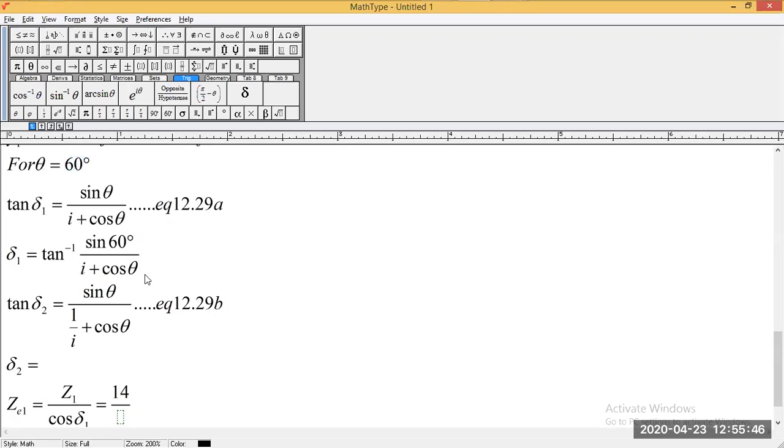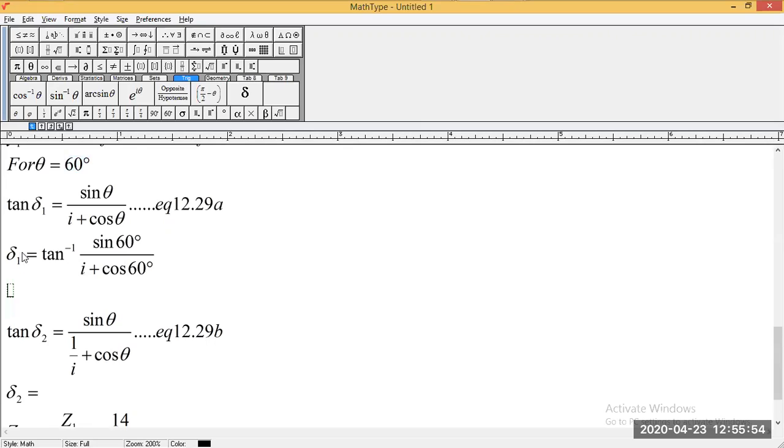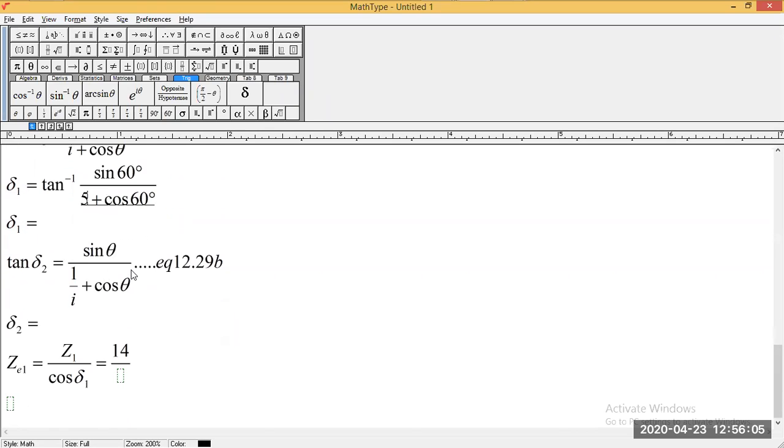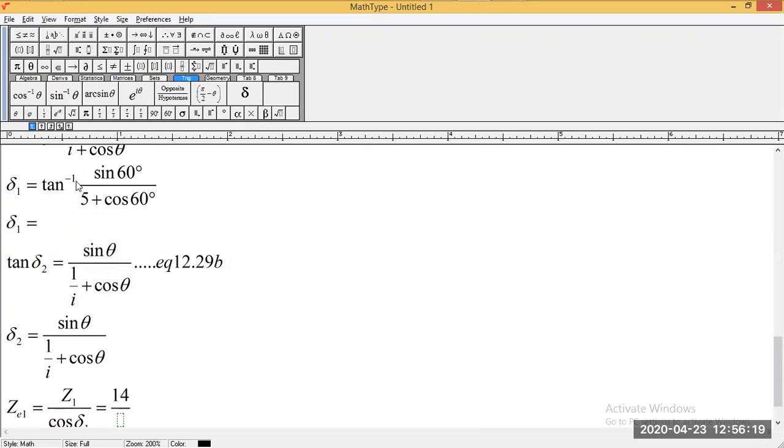Okay, there is no theta. So this will give us our delta 1, and I again replaced by 5. Same thing we'll do for this here. It is tan inverse of this entire thing, delta 2.